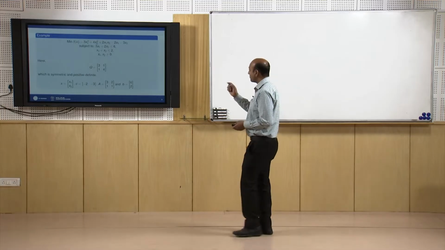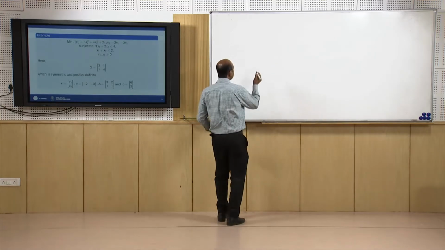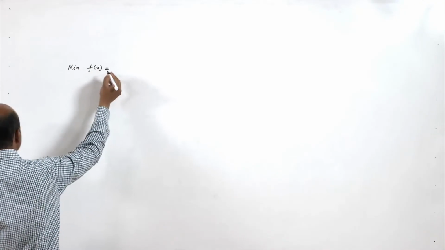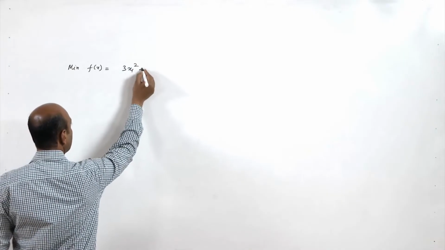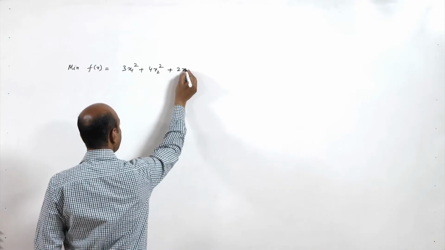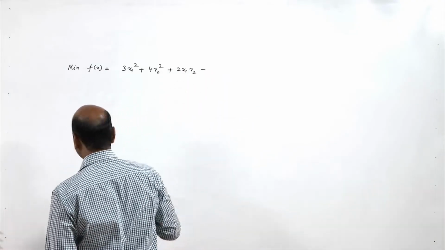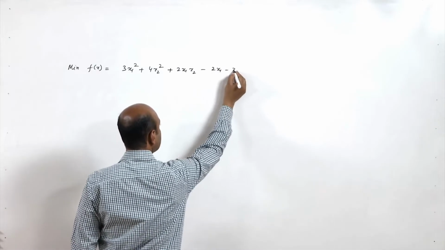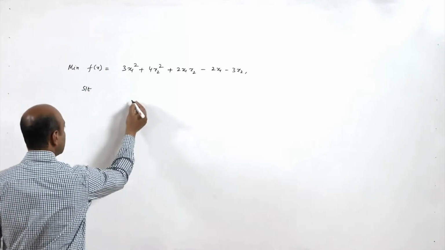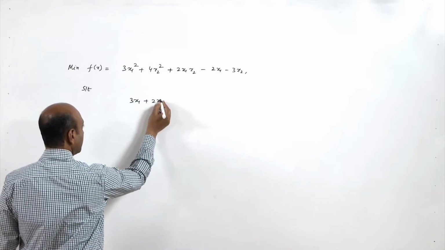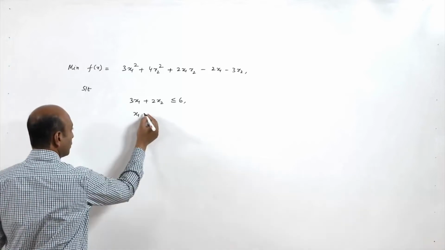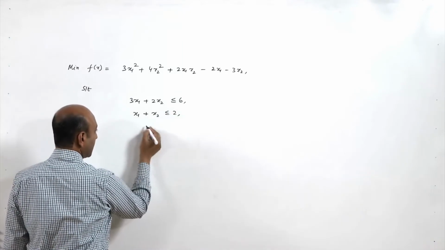Suppose we have this example: minimize f(x) equals 3x1 square plus 4x2 square plus 2x1x2 minus 2x1 minus 3x2, subject to the conditions 3x1 plus 2x2 less than or equal to 6 and x1 plus x2 less than or equal to 2, and x1, x2 non-negative.